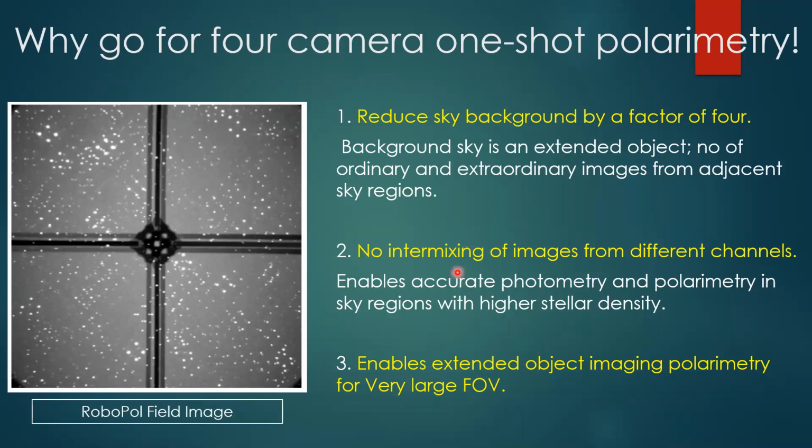For crowded fields, there is no intermixing of images, as seen, for example, in this RoboPol field image. And point 3, for some science cases it may be very beneficial, in the sense that it will enable extended object polarimetry for a very large field of view of 30 by 30 arc minutes, which has not been possible till now.